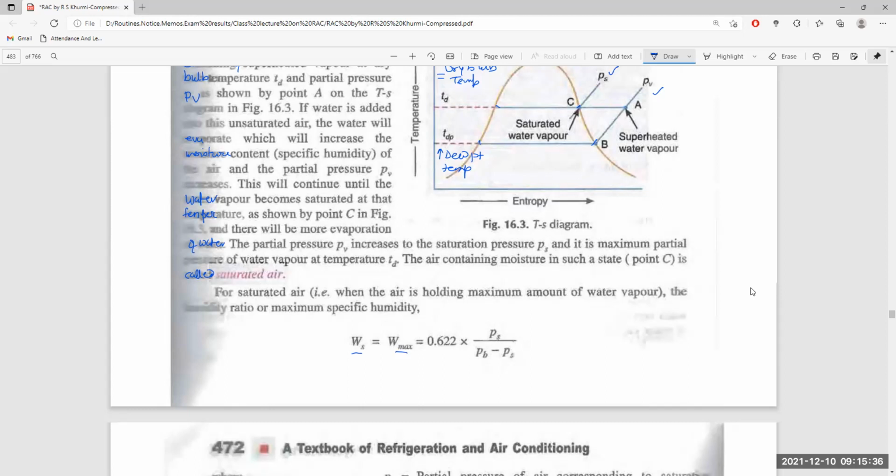Here Ws is the specific humidity at saturated pressure, which is the maximum moisture that can be present in the mixture, PS is the saturated pressure, and PB is the barometric pressure.